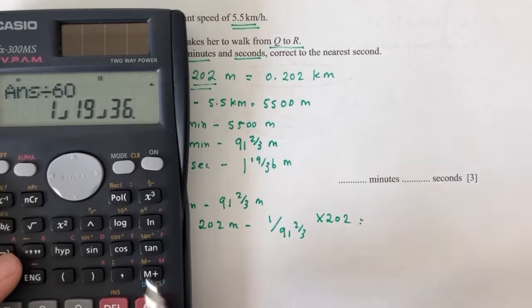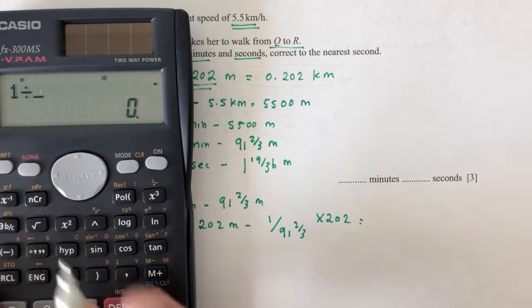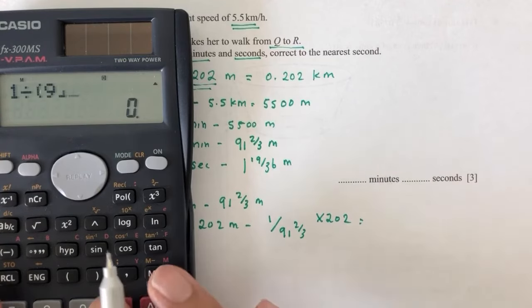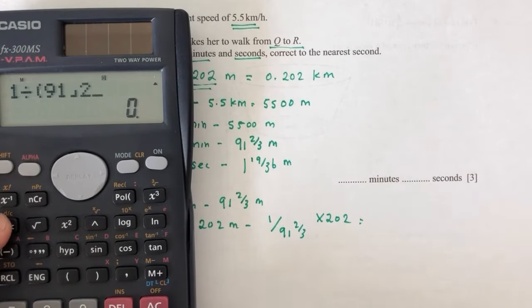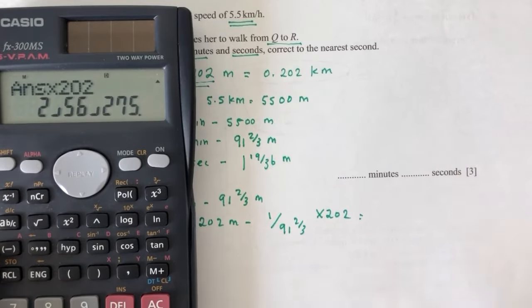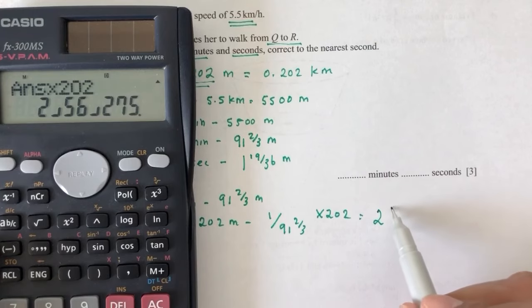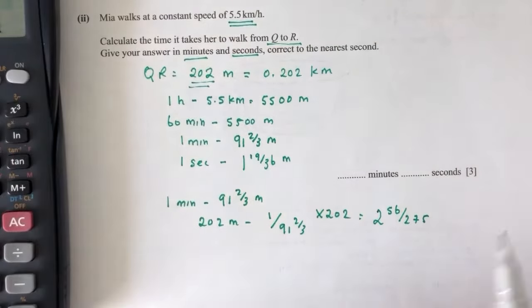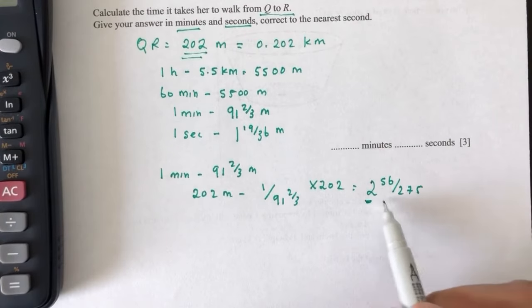So 1 divided by 91, actually it's 91 2/3, times 202. That will be 2 56/275. So it will take her 2 minutes and this much seconds.